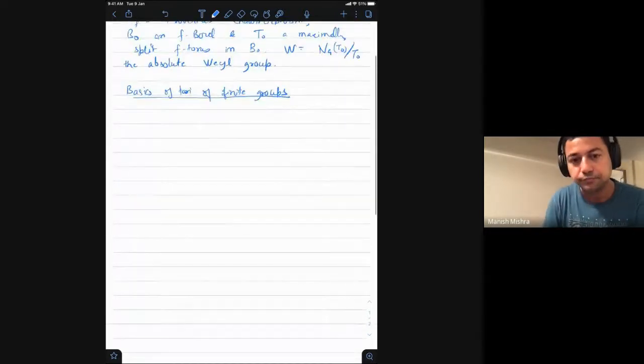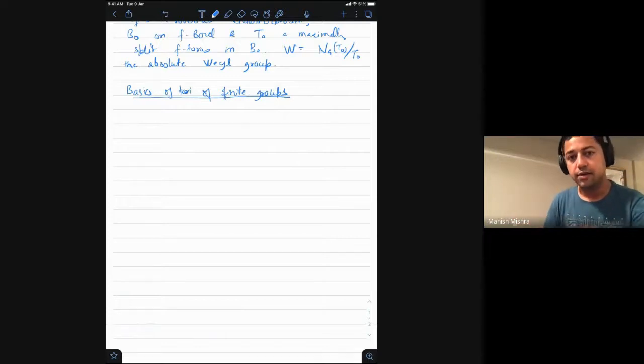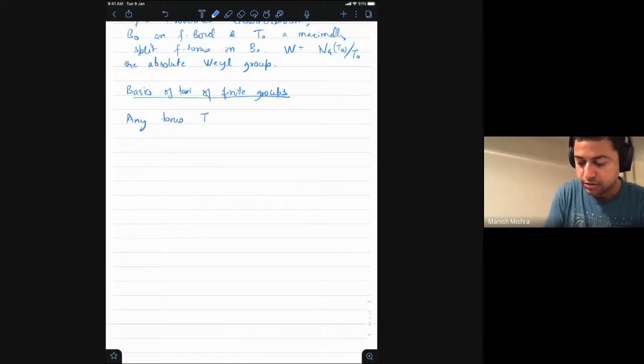So we know that at the algebraically closed field level, all tori are conjugate. So any torus T is G-conjugate to T0.